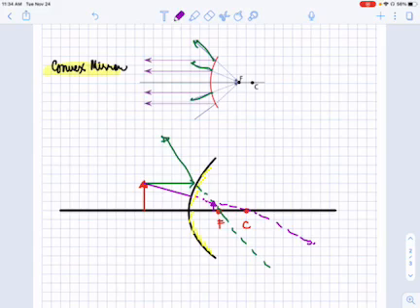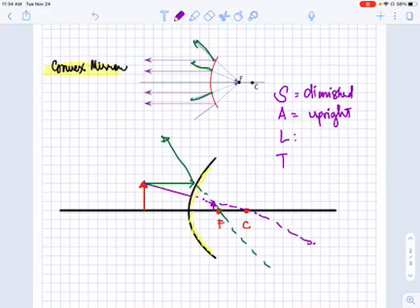Thus, the image formed is, let's try to identify it first. What's the size of the image? It is reduced or diminished. What's the attitude or orientation? It is upright. Where is the location?